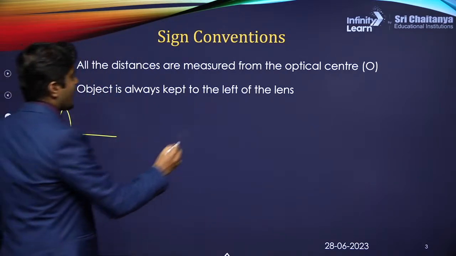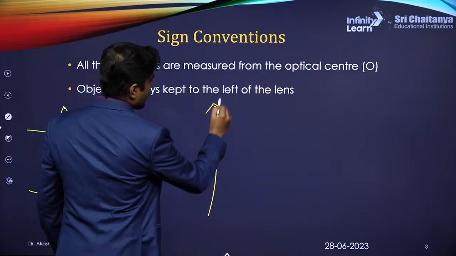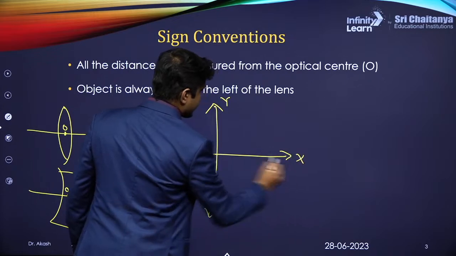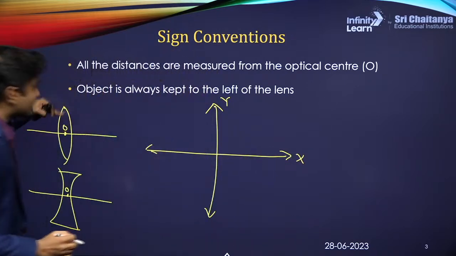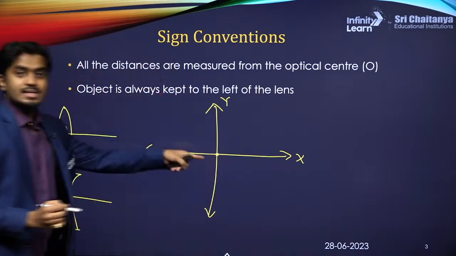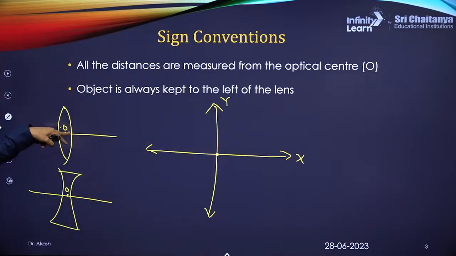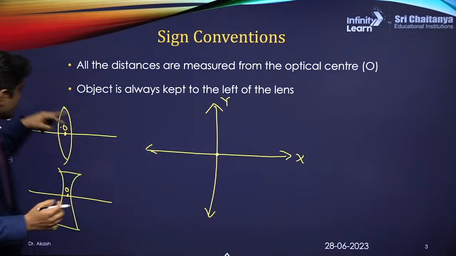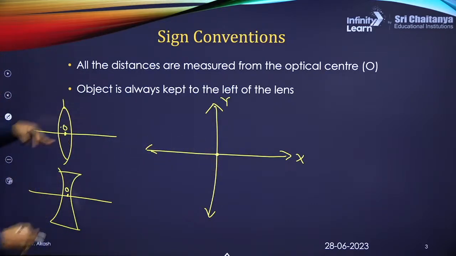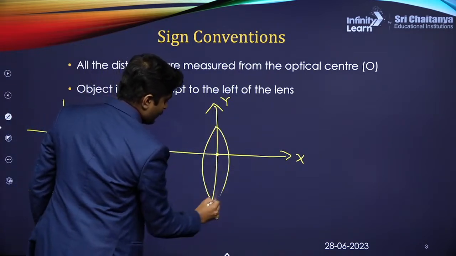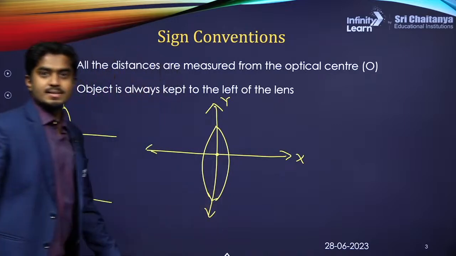Now we have learned this is the y-axis and this is the x-axis. Now place the lens such that the origin is our optical center. So the optical center will be placed at the origin and this lens is placed along the y-axis. So this is how you need to place the lens, right?